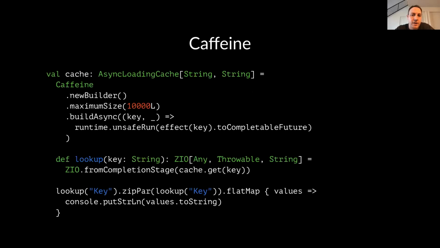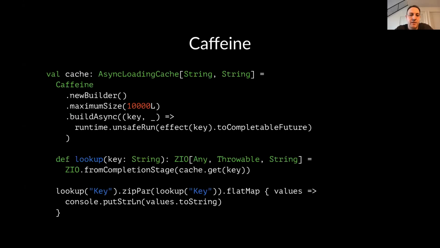So we can do better here if we go back to the underlying Caffeine cache, which is a great caching solution from Java, been around for a long time, very battle tested. But it's a Java API. So here we're going to create this async loading cache, and we're going to feed it that same effect function.